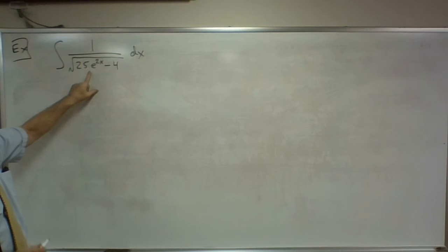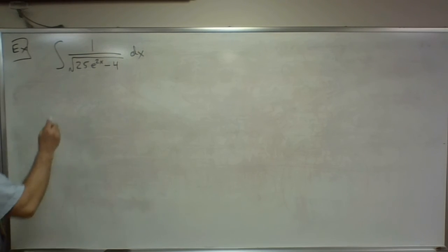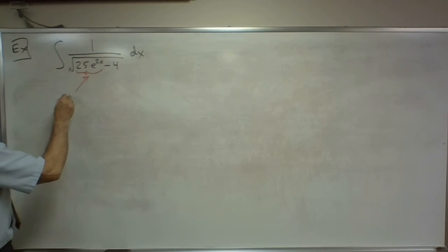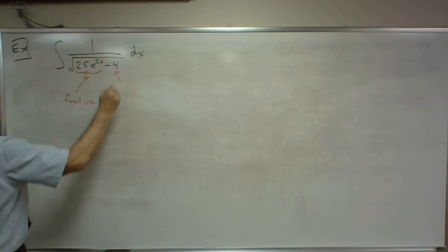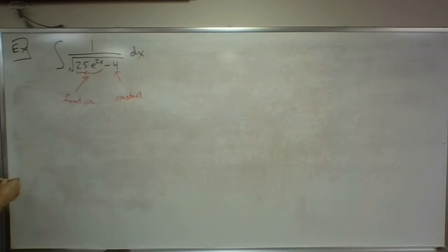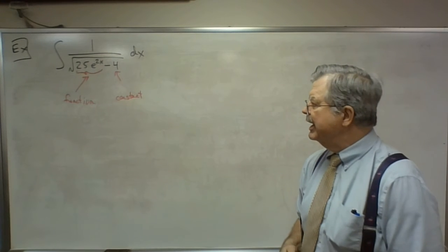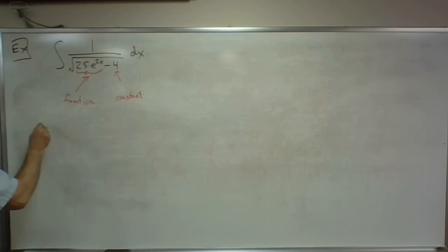We have a radical, and under the radical we have the difference of two things. We have function minus constant. So of all of the formulas that yield an inverse trig function when we integrate, there's only one that it can possibly fit.